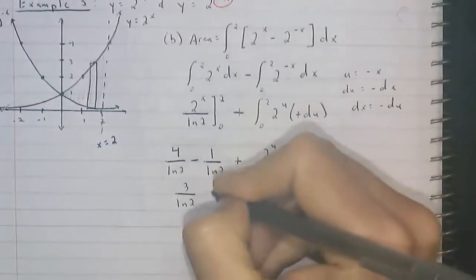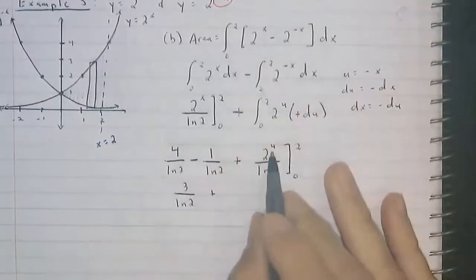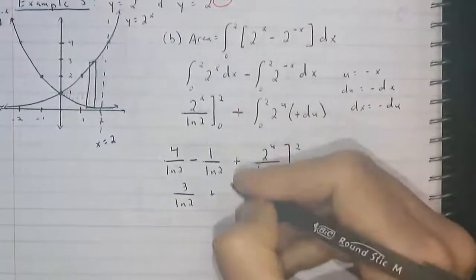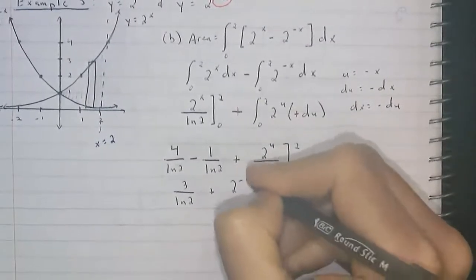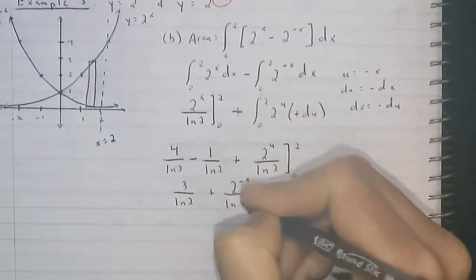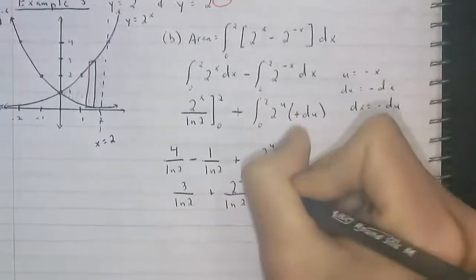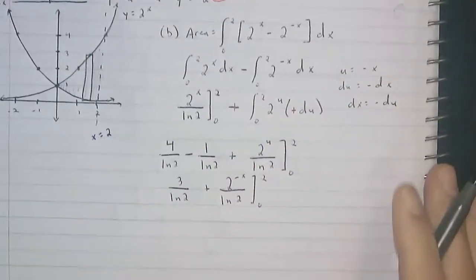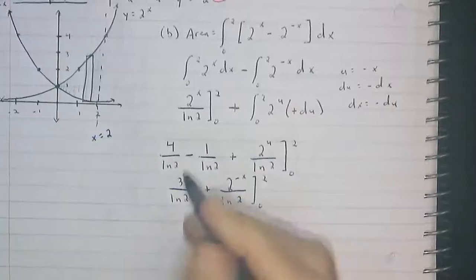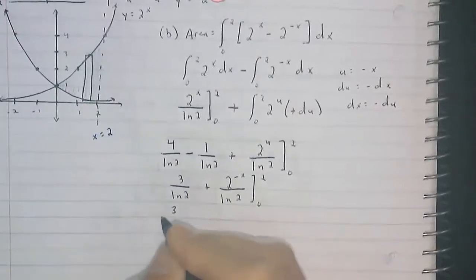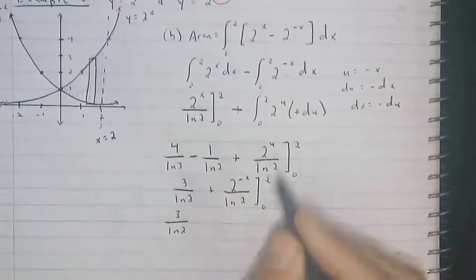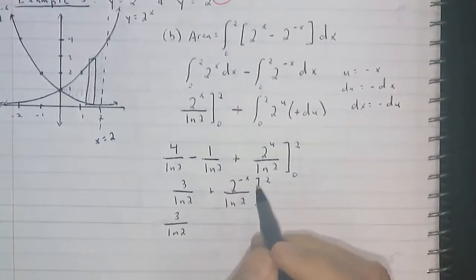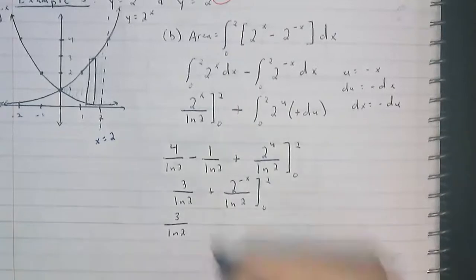Here we've got plus. We got to sub back in for u. We got to be careful not to miss that point. 2 to the negative x over the ln of 2 from 0 to 2. And so we get 3 over the ln of 2, plugging in 2 and 0. 2 to the negative 2, excuse me, is 1/4.